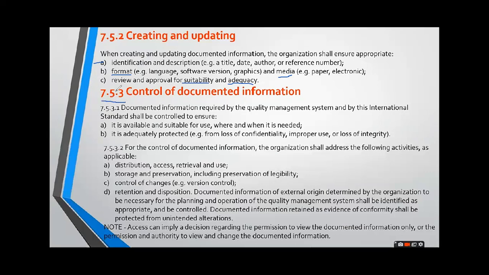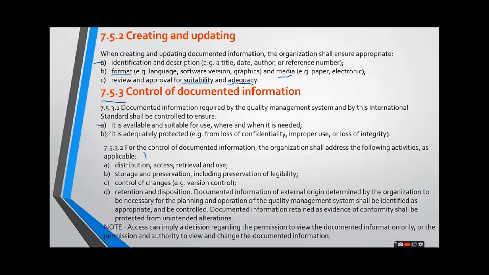7.5.3, the clause on the control of documented information. The current clause emphasizes the proper control of the key documents. So the part A here, don't worry about the length. It just looks big and lengthy, but it is very easy and fun to understand.